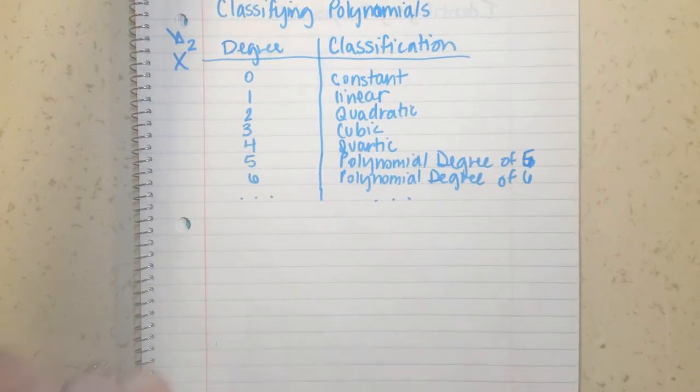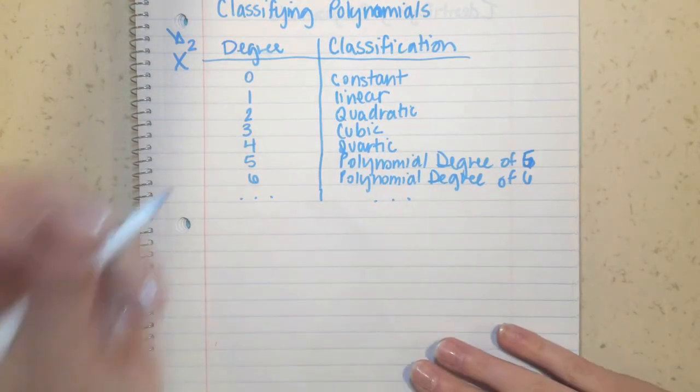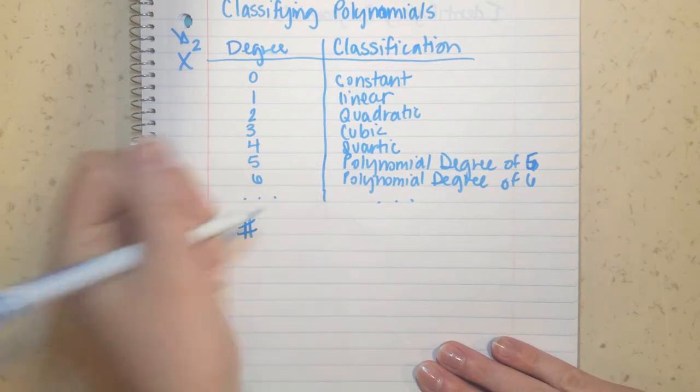Alright. The second way we classify polynomials is by the number of terms.